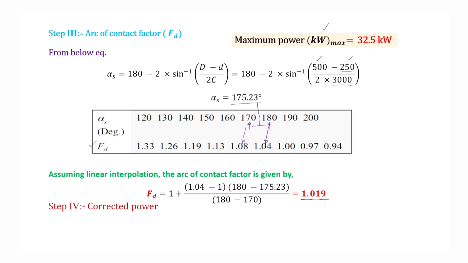So corrected power is now FD multiplied by kilowatt maximum, which we have obtained in the previous step. So 1.019 multiplied by this 32.5 is equal to 33.12 kilowatt, which is to be transmitted.